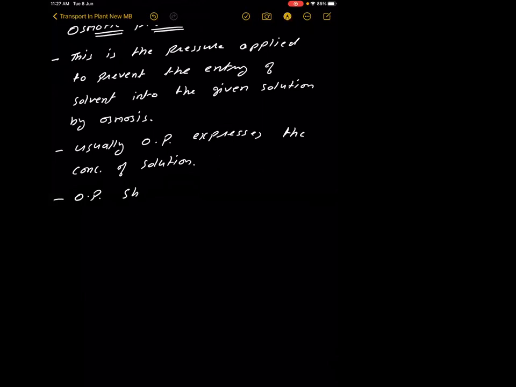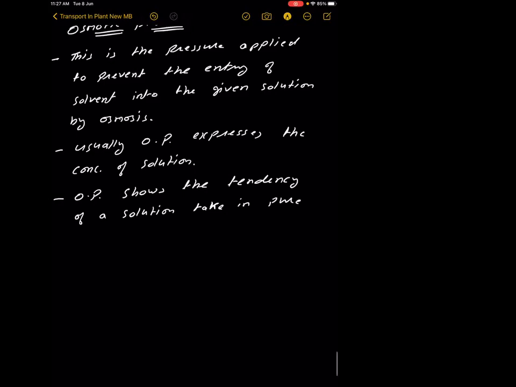Osmotic pressure shows the tendency of a solution to take in pure solvent or water through the osmosis process. So this is osmotic pressure.